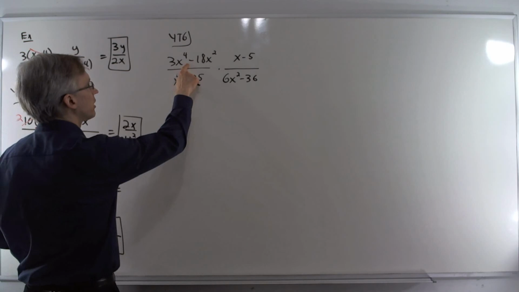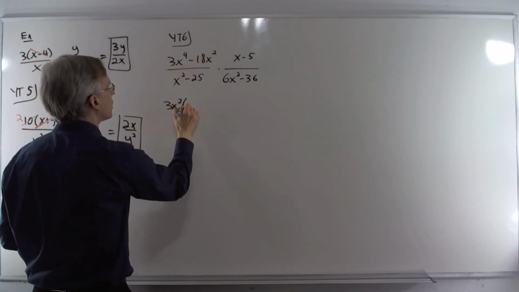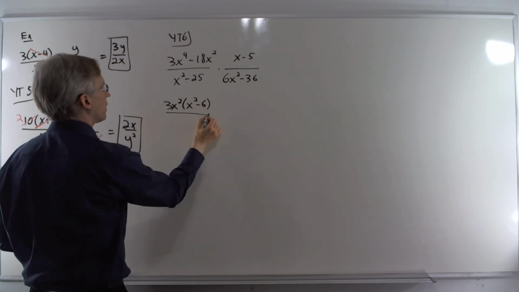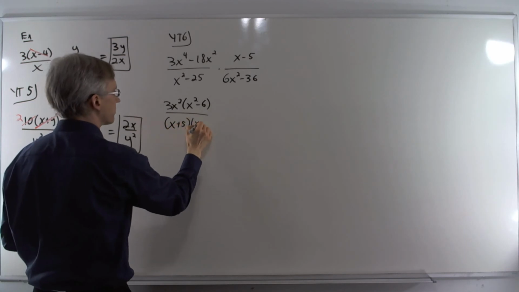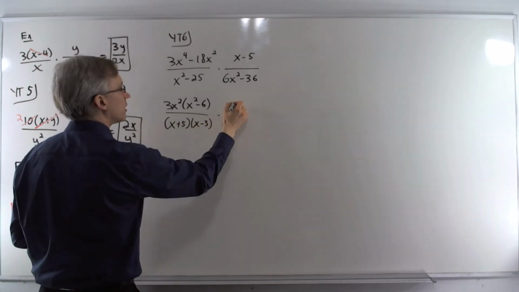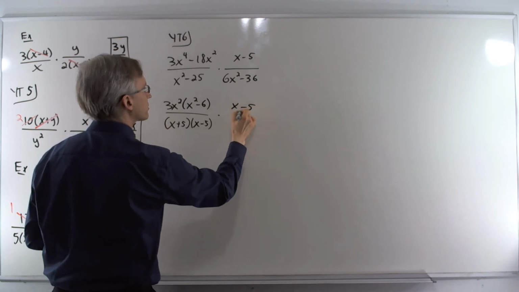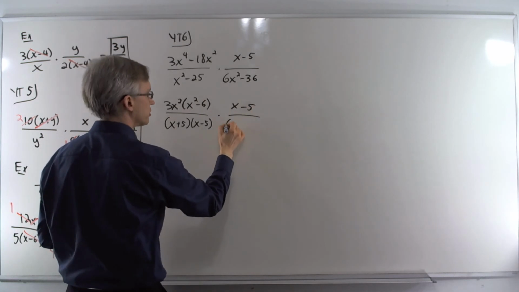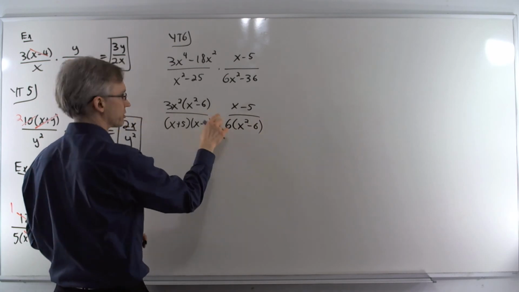I'm going to start here. Looks like we can factor out 3x squared here and get x squared minus 25. Now I got difference of squares here, so this factors into x plus 5 times x minus 5. X minus 5 is not factorable further, so we'll leave that. And then down here, we can factor out a 6, just a GCF here. And now we've got matching binomials.